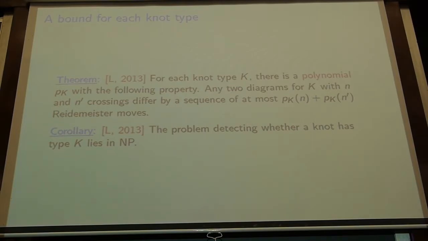So in the case of the figure 8 knot, I've been trying to compute what this number is, and it looks like it's about 100,000. So the degree of this polynomial, at least if you trace through my argument, probably blows up pretty quick, but of course we don't know that it does.